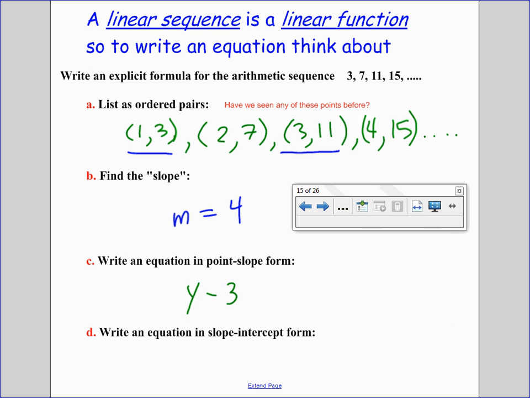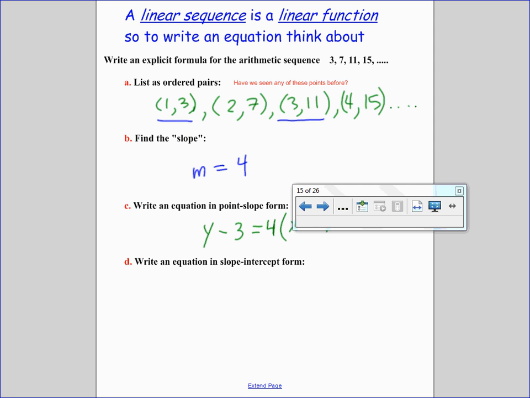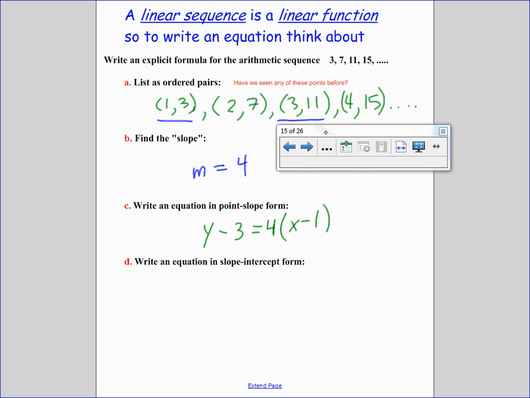We can write an equation in point-slope form as we already did. y minus 3 equals 4 times x minus 1. And then slope-intercept form, we would get y equals 4x minus 4 plus 3, which is minus 1.